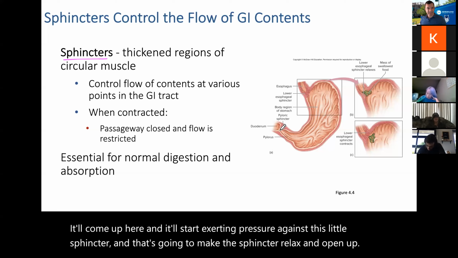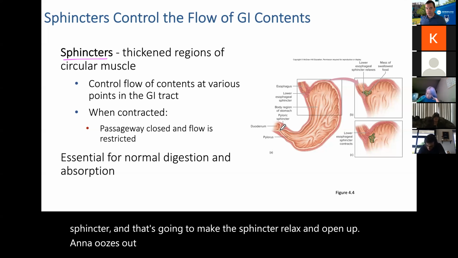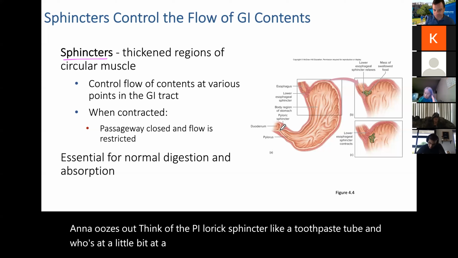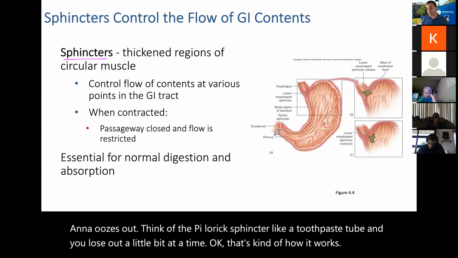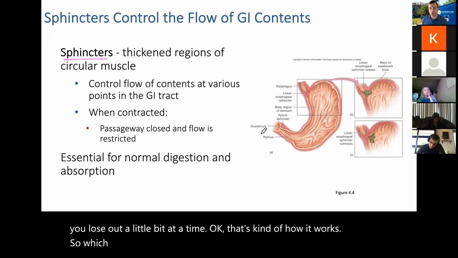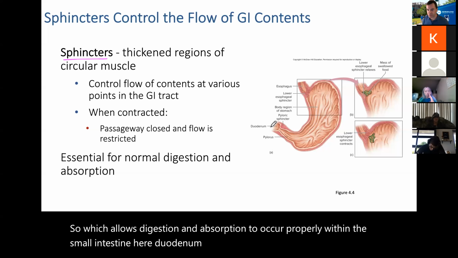It oozes out. Think of the pyloric sphincter like a toothpaste tube: you only ooze out a little bit at a time. That allows digestion and absorption to occur properly within the small intestine. The duodenum is just the first part of the small intestine.